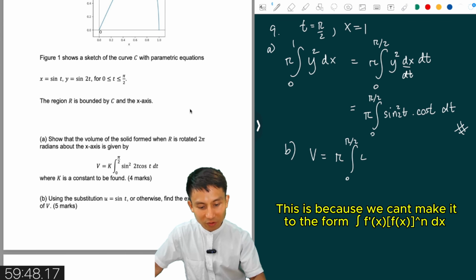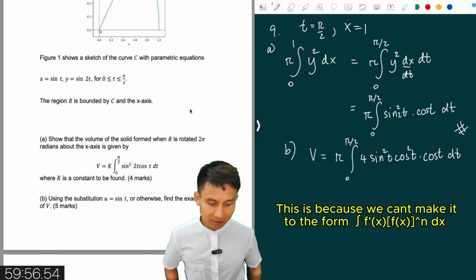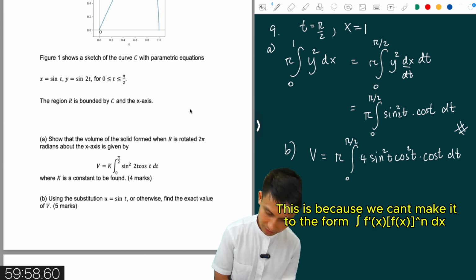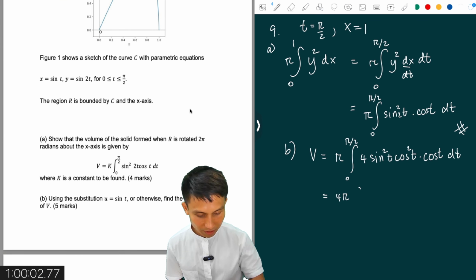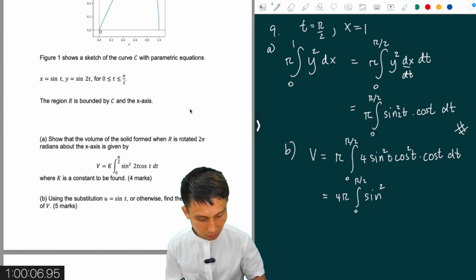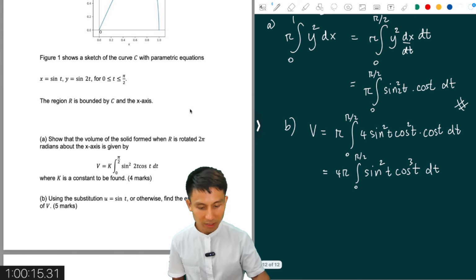And if you square that, you get 4 sine squared t cos squared t, right? Still can't use the reverse chain rule there because there are too many powers. So it's just 4 pi sine squared t cos cubed t. Okay, so that's the actual thing we want to integrate.